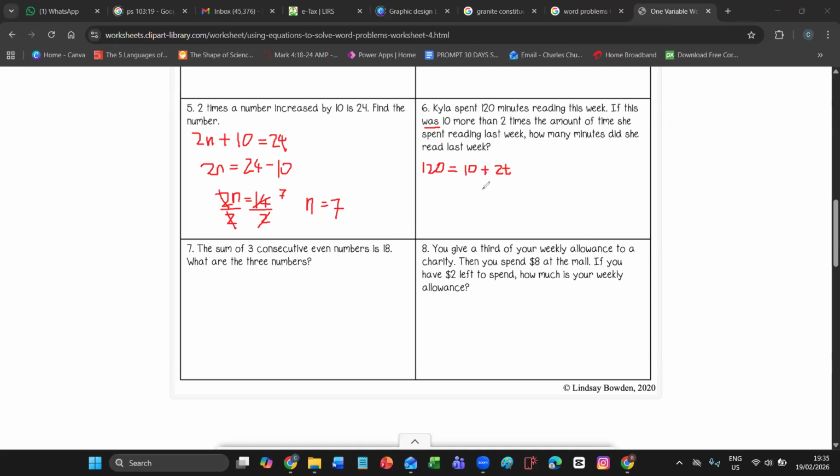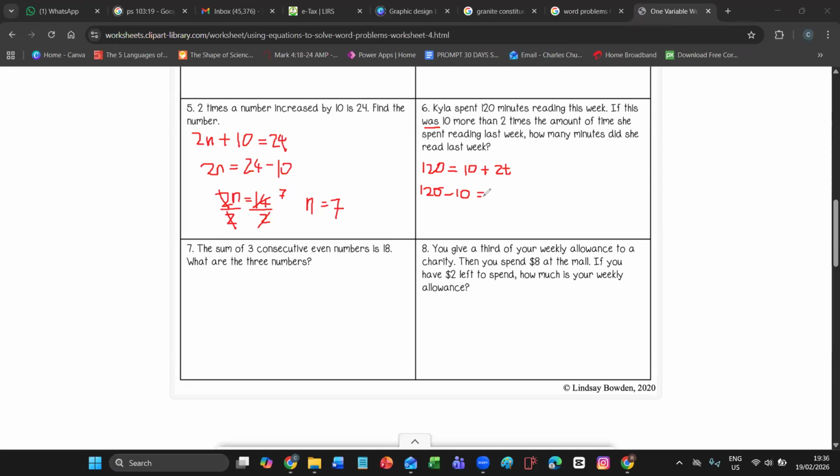So, what do we do next? Bring over the 10 to 120. So that's going to be 120 minus 10 equals 2t.